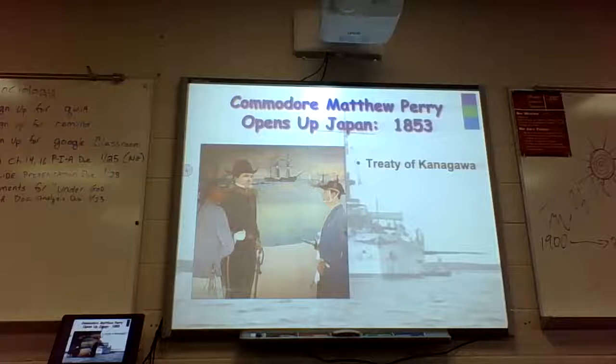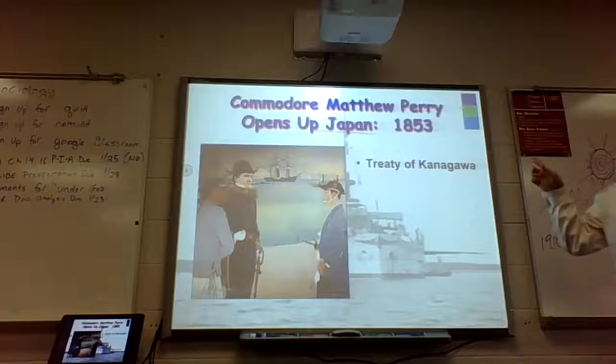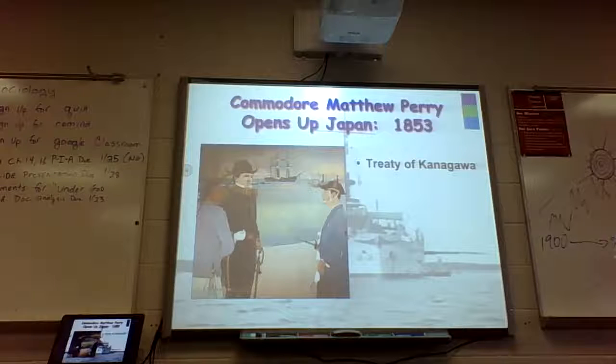He shows up in Japan, 1853, with a couple naval vessels with these things called cannons. The Japanese were still in that mode of samurai, right? Big swords. Gunpowder was used by the Japanese to launch pretty fireworks, right?